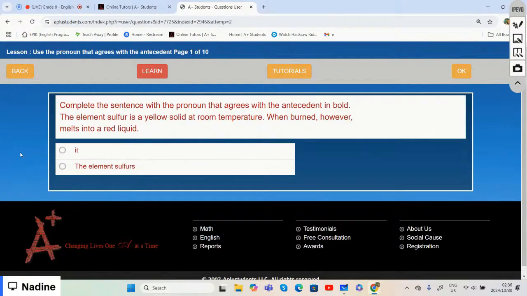We need to choose the correct pronoun that agrees with the antecedent. Doesn't give us in bold, but the element sulfur.